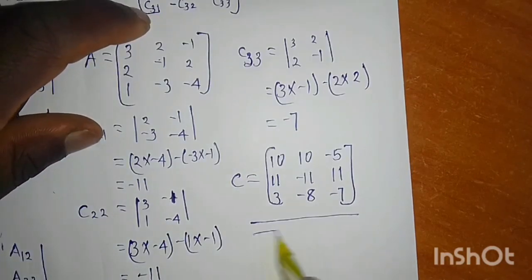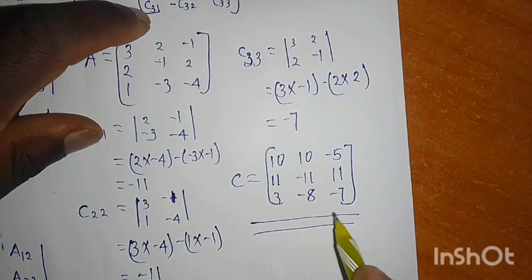So this is the matrix of the cofactors of A.